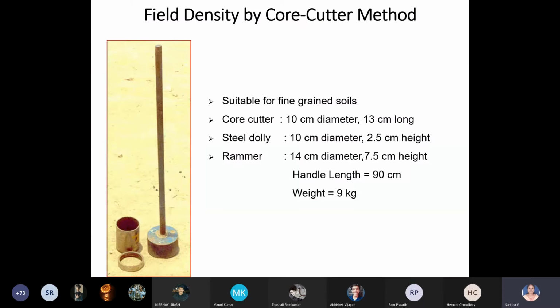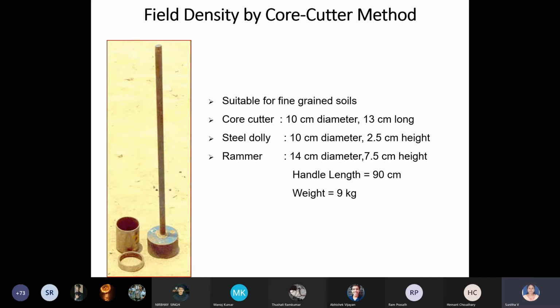Another method to find the field density is the core cutter method. You have to drive this core into the soil, take it out, find the soil filled inside the core cutter, and find the volume also. Again, you can't use the core cutter for all types of soil.